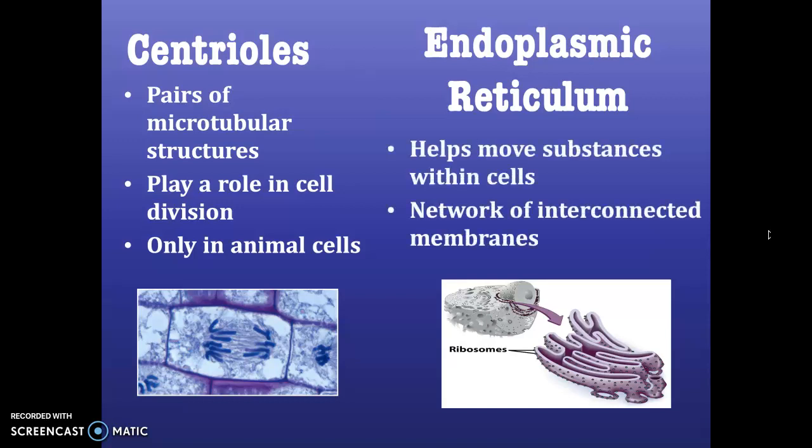Okay, and its primary purpose is to help move substances within the cell or through the cytoplasm. It's basically interconnected membranes that act like little hallways from one part of the cell to another part of the cell. Okay, so again, just think of it as the hallways. This is the means or tunnels that help us get through the cytoplasm and move substances from place to place.